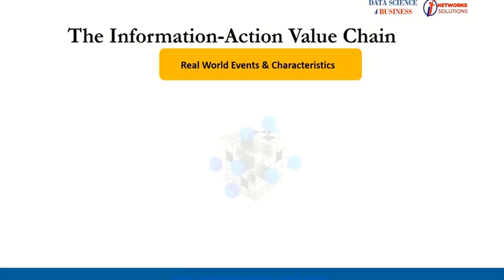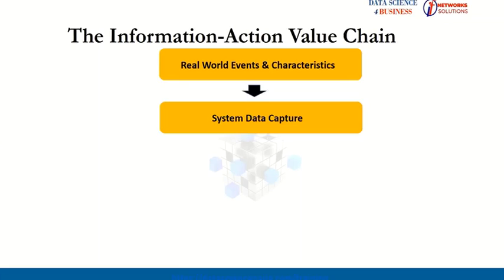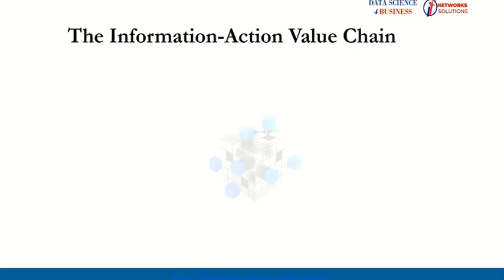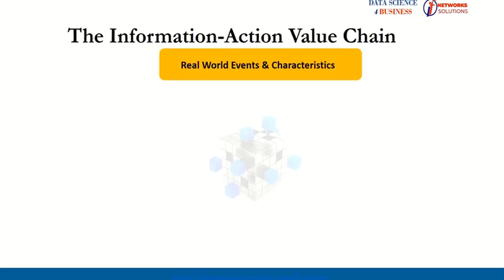So you have the business world. There are some characteristics of the business world that you need to understand, and that's where domain knowledge comes in. As a data scientist, you need to have some idea about the domain of the business that you want to apply it to. Then there are some characteristics in that domain that you probably want to capture as your data that can help you to solve some of these problems.